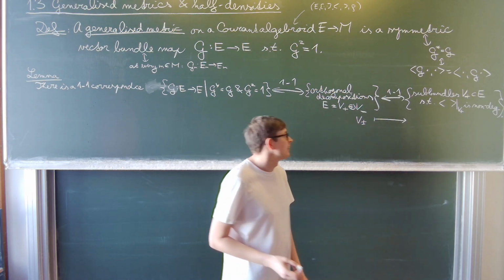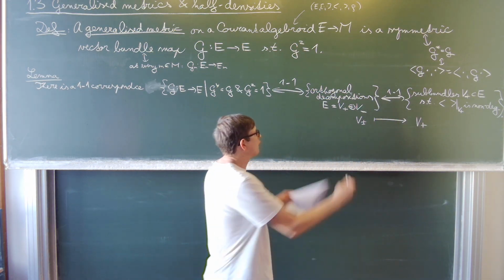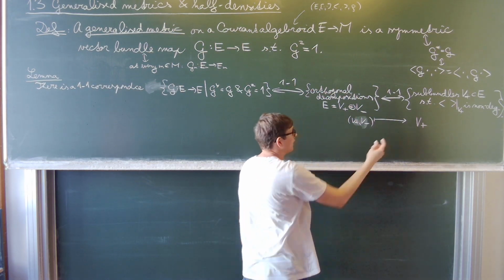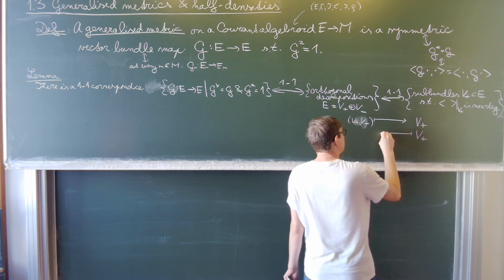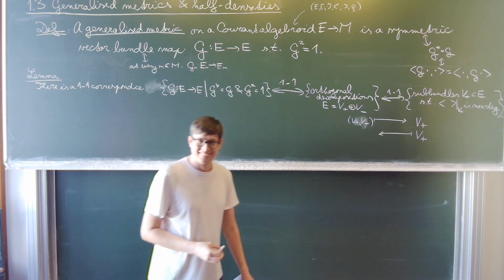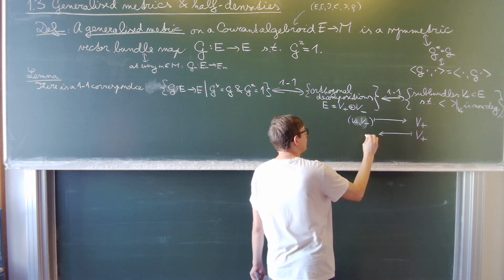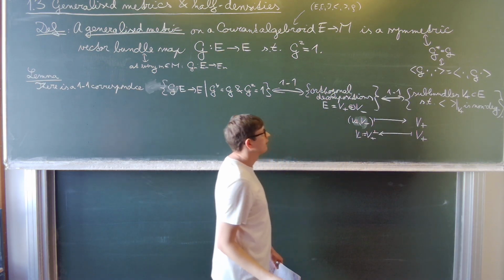Perfect, yeah, I just take one of them, V plus. How do you go the other way if I start with V plus? How do I get an orthogonal decomposition? I take V minus to be the orthogonal complement.